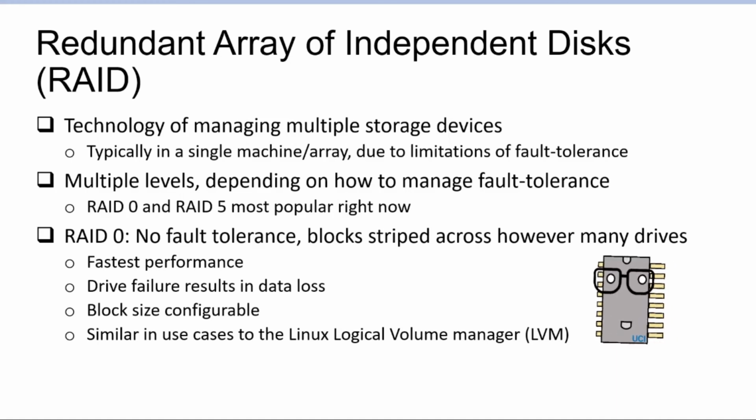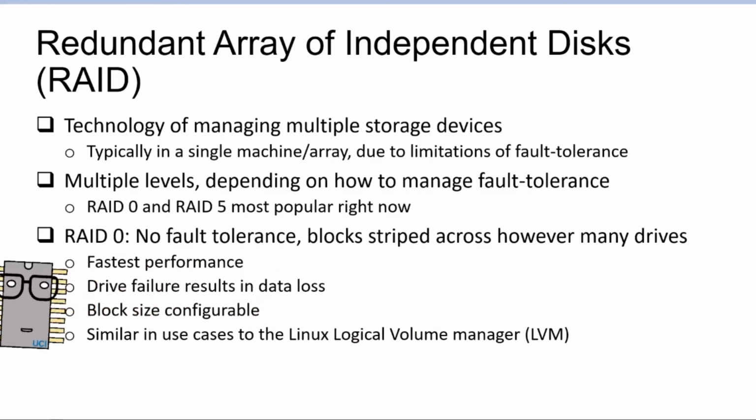The data being read and written to this single logical device is distributed round robin across however many storage devices you have in the cluster. And RAID 0, of course, gives you the fastest performance, because theoretically, if you have 2 storage devices, you will get 2x performance. If you have 4, 4x performance, and so on.